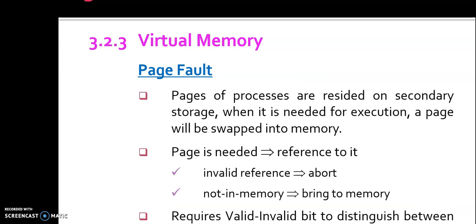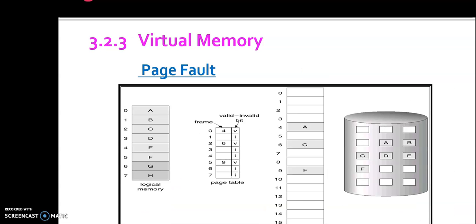Next we go into page fault. What does page fault mean? Page fault refers back to your paging just now. The only difference is here you have something which is called the valid-invalid table. Let's say you have frame 4 and it's valid.